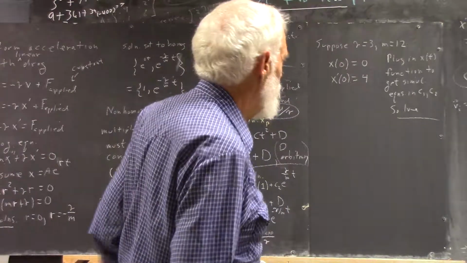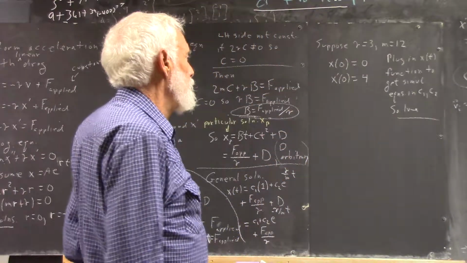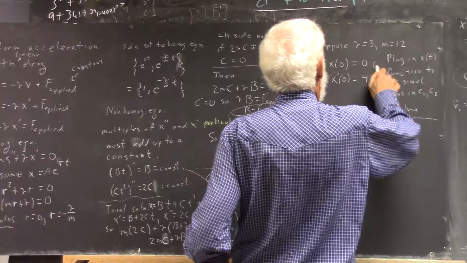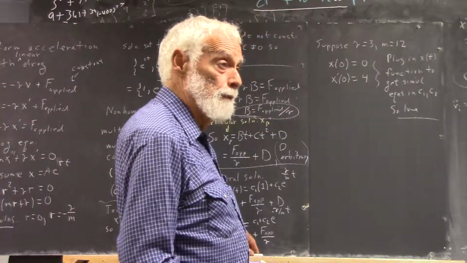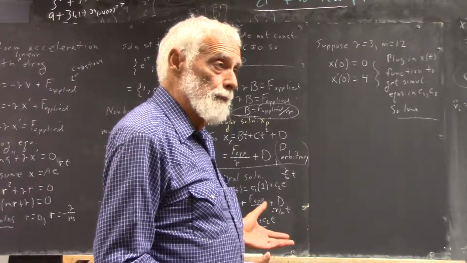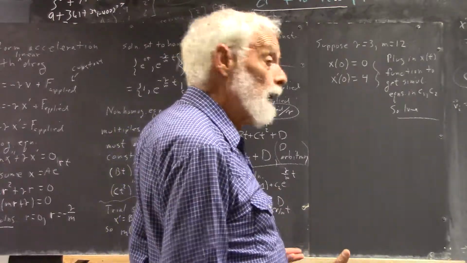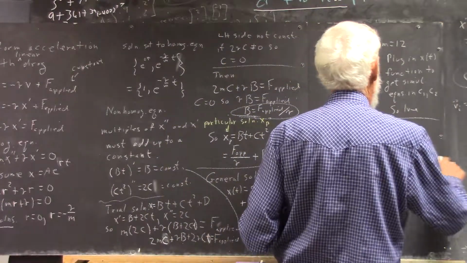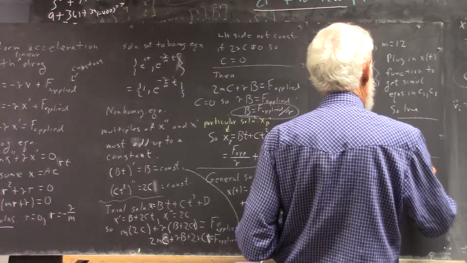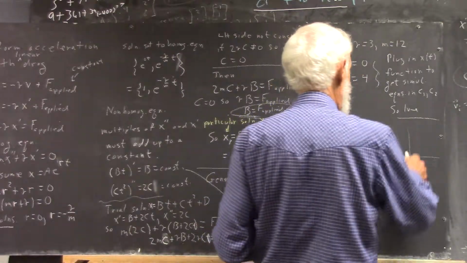So we want to plug the x of t function into these equations to get simultaneous equations for C1 and C2, and we solve it. Now I'll just mention that this corresponds to starting in the plane at the point 0, 0 with a slope of 4.